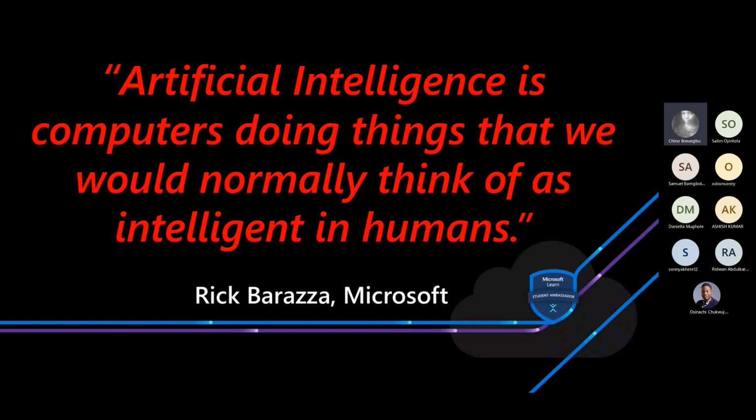So first, what is artificial intelligence? As we all know, AI. According to Rick Barraza, artificial intelligence is a computer doing things that we would normally think of as intelligent in humans. It can be solving a simple question or analyzing stuff and giving a result.